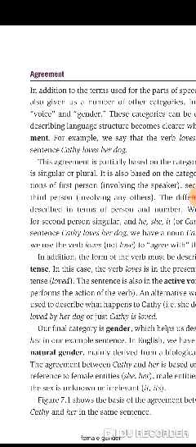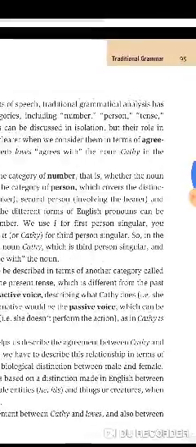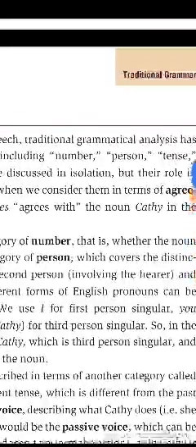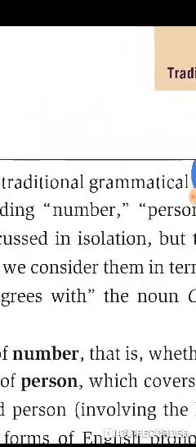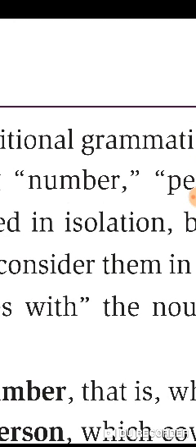Okay? So let us see what agreement is in other languages in addition to Arabic. Agreement includes, first, number. What does it mean? In Arabic it means mufrad, muthanna, jama'.